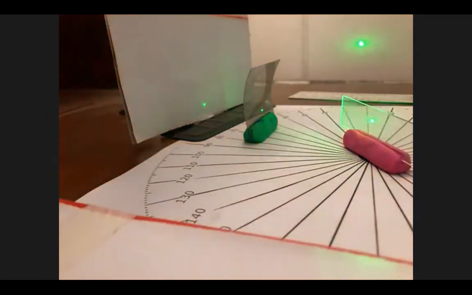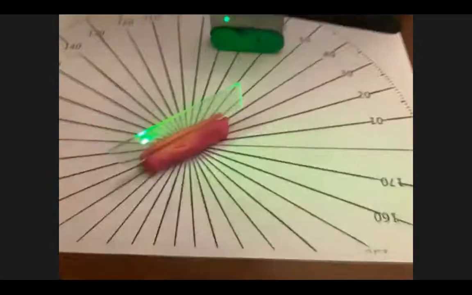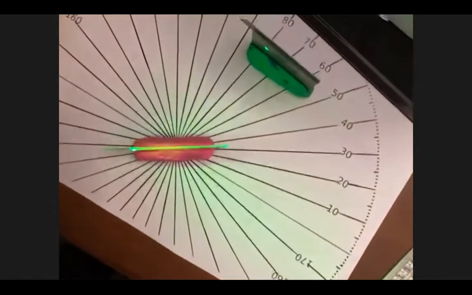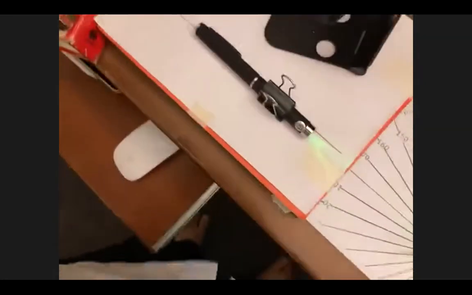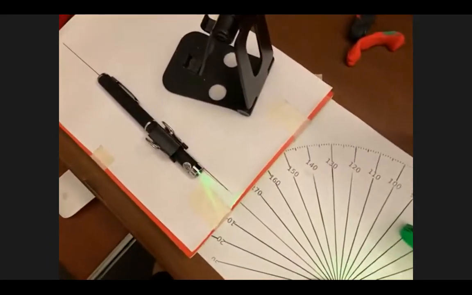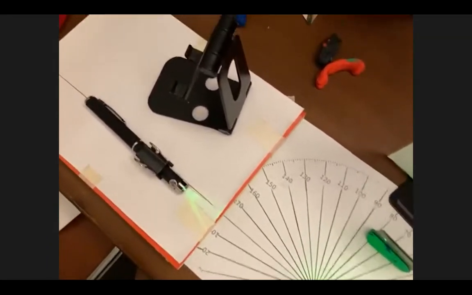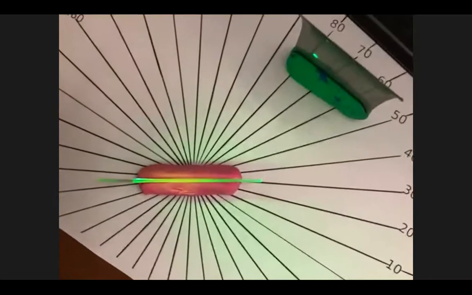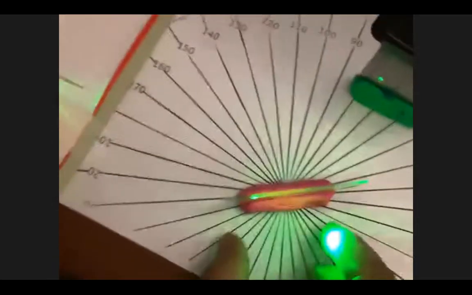This is right around 30 degree, 35 degree maybe. 35 degrees. So what is the angle of incidence? 180 minus maybe around 40. So 180 minus 40 is 140. Half of that is 70. It should have been around 60, so probably that is not perfect.